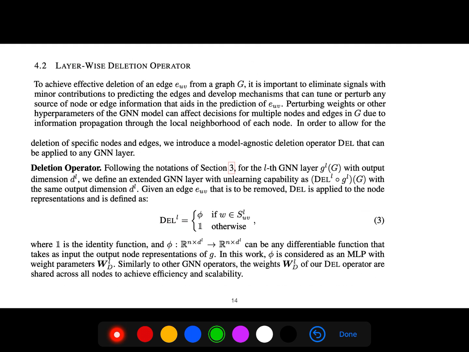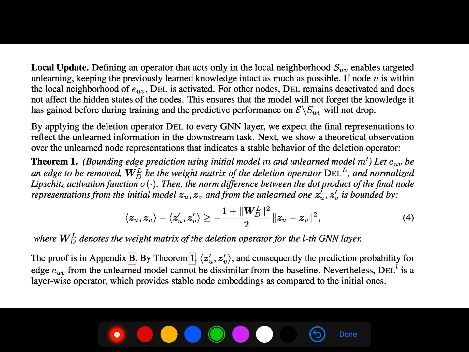And finally, the deletion operator. Following the notation, for the l-th GNN layer with output dimension D prime, we define an extended GNN layer with unlearning capability: the deletion operator combined with G with the same output dimension D. So given an edge that is to be removed, Del is applied to the node representation.